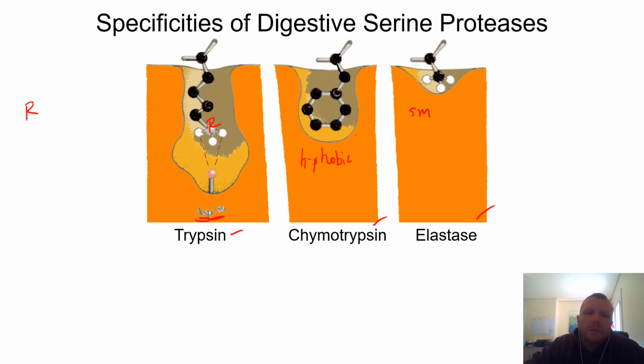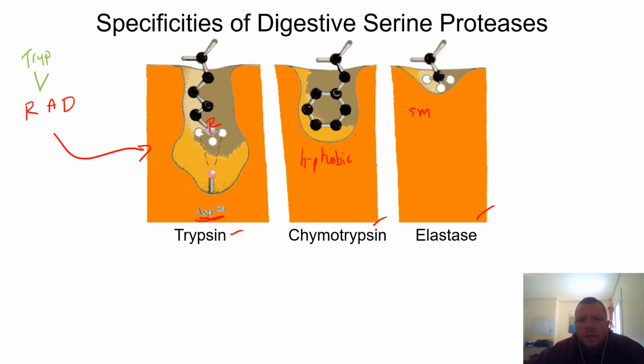So if you gave something like RAD, a tripeptide like this, to trypsin, is it going to cut it? Yes, it is, because what trypsin is looking for is to cut after a positively charged residue. And so I'm going to switch to green here, and I would say that trypsin would cut right here after that arginine.